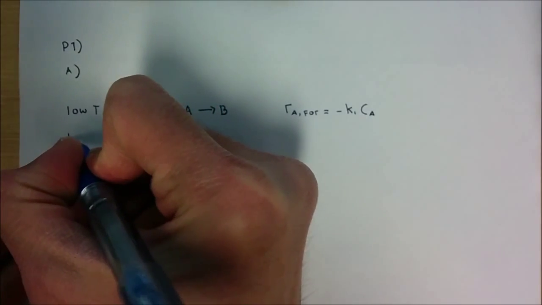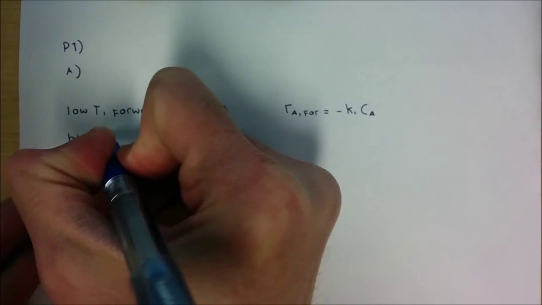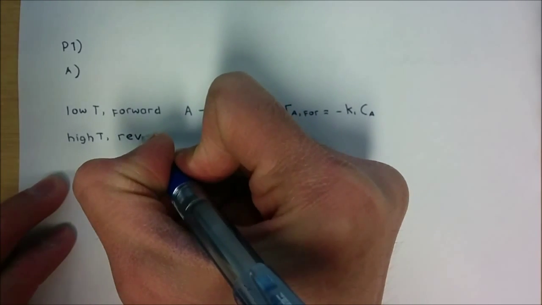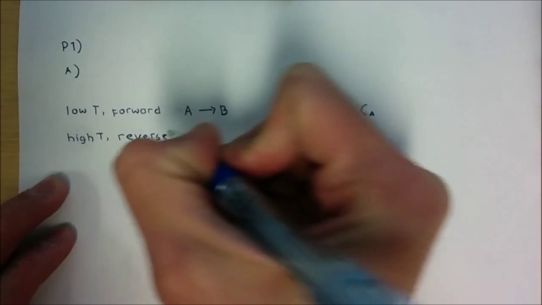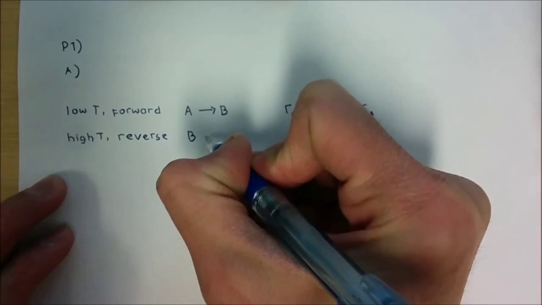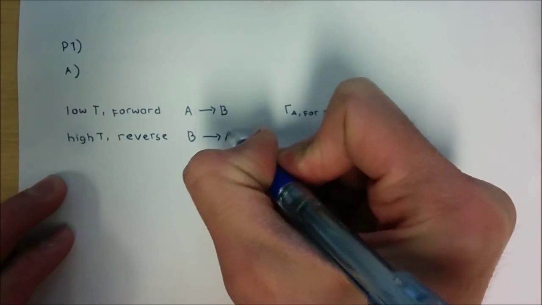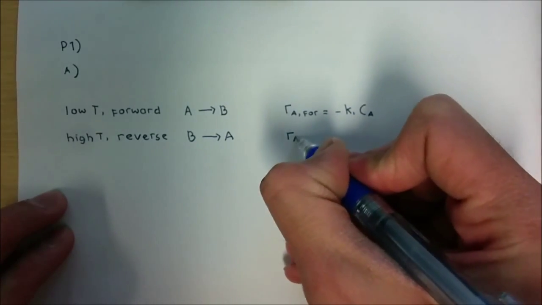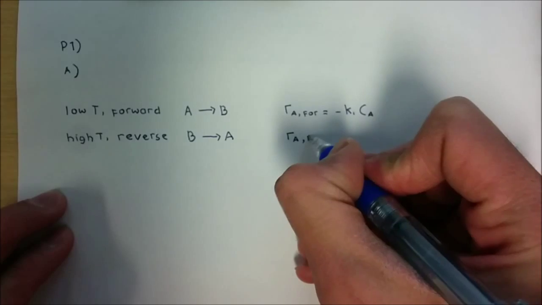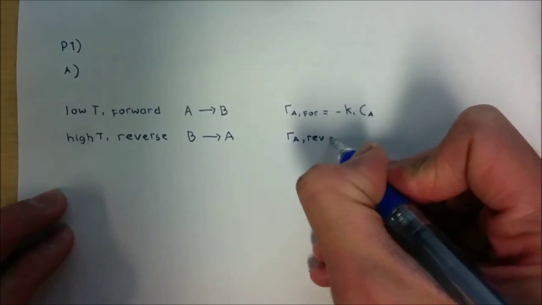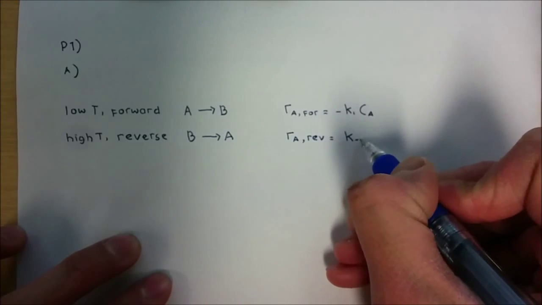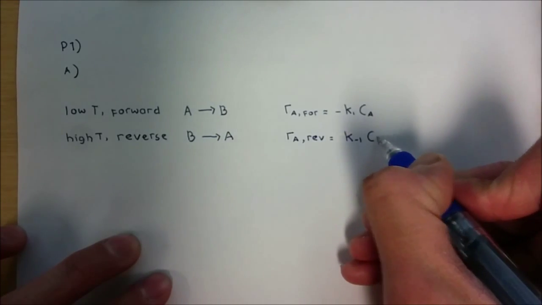And then at high temperature, we will have reverse reaction. So B is going to be consumed to produce A. So if we write it in terms of A, we can call it RA reverse. It's going to be positive K minus 1 CB.